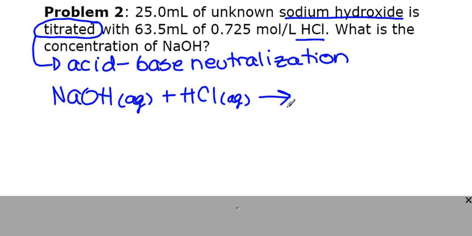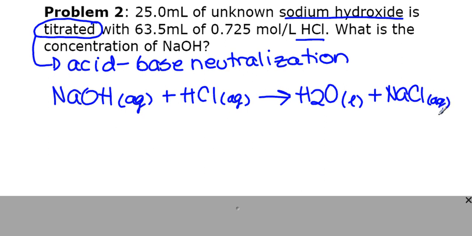We're going to do our double displacement, water and salt, so H2O. And our salt here is made up of sodium and chloride ions. And this one's already balanced. It's a 1-to-1 ratio, so it's nice and easy.